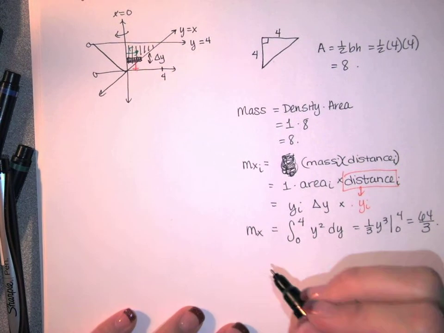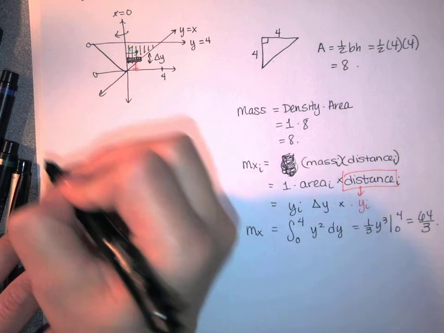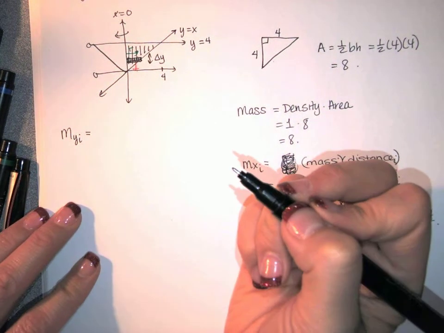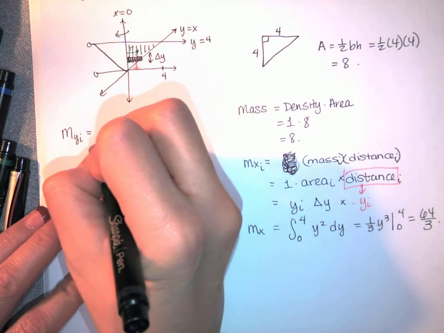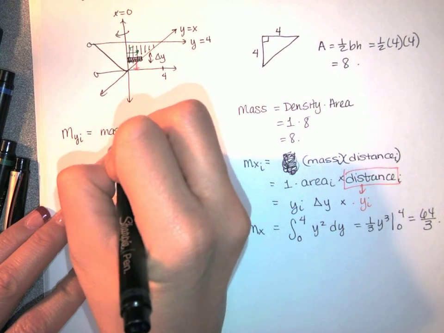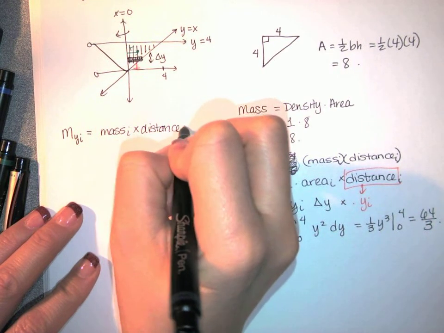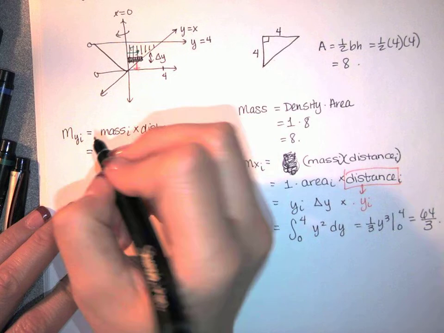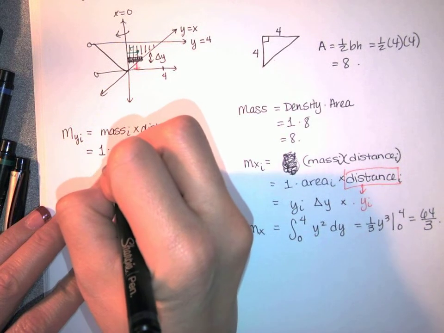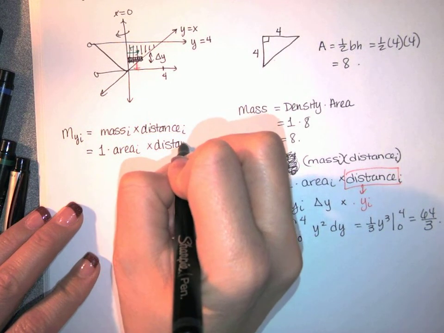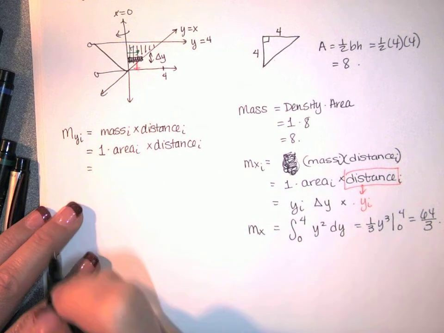All right. Now for the moment about the y-axis, I need mass times the distance to the y-axis, and the mass is the density, which is 1, times the area times the distance to the y-axis. And we already calculated our area.